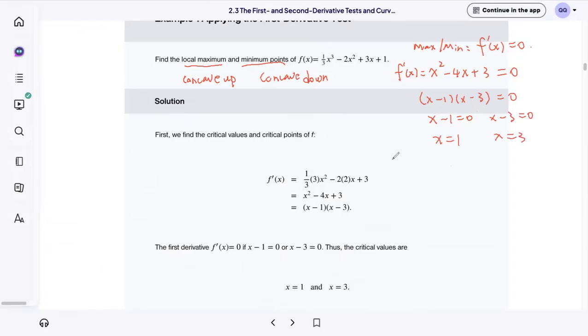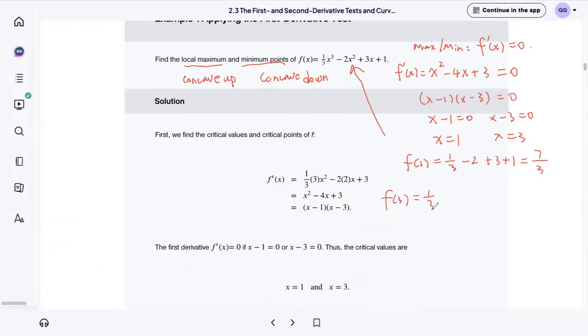Because we're looking for the points, we need to plug back in to find the function value. Well, f of 1 is just equal to 1/3 minus 2 plus 3 plus 1. We just substitute 1 into the original function, right? So 3 plus 1, 4, 4 minus 2, 2, and 2 and 1/3, so that's 7/3. Then we evaluate f of 3.